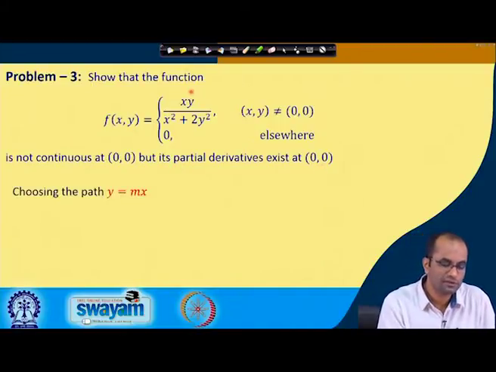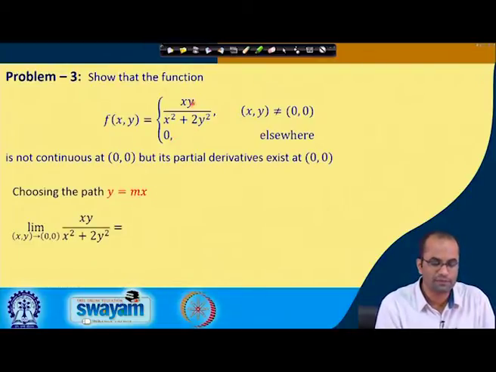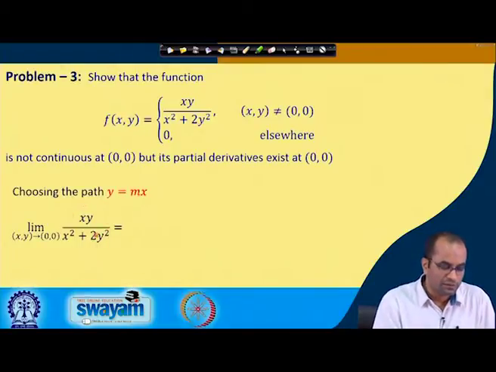So, why is it not continuous? If we choose the path y equal to m x, then y is equal to m x here also. So, x square, x square, and x square will come.